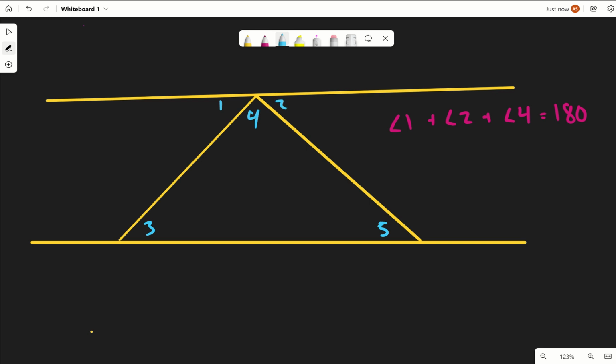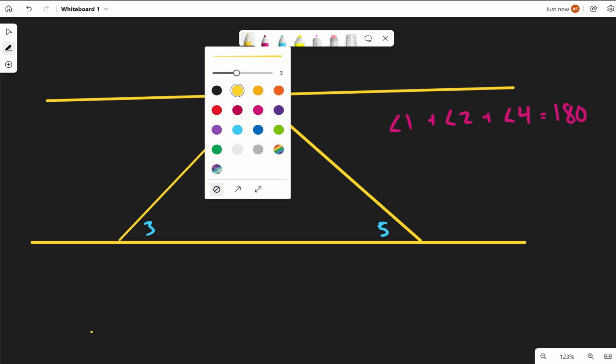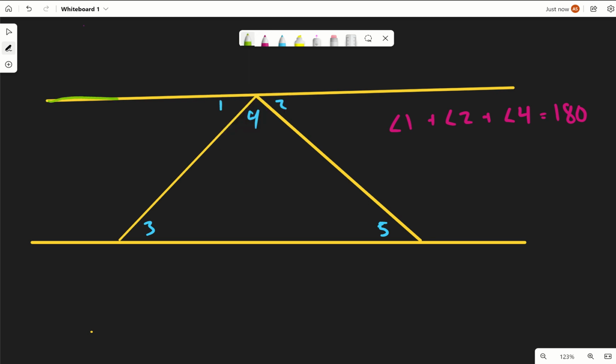All right, so if we know that's true, now let's look at our parallel lines, and then we'll look at this line right here. We'll look at this transversal. Let's look at this one.